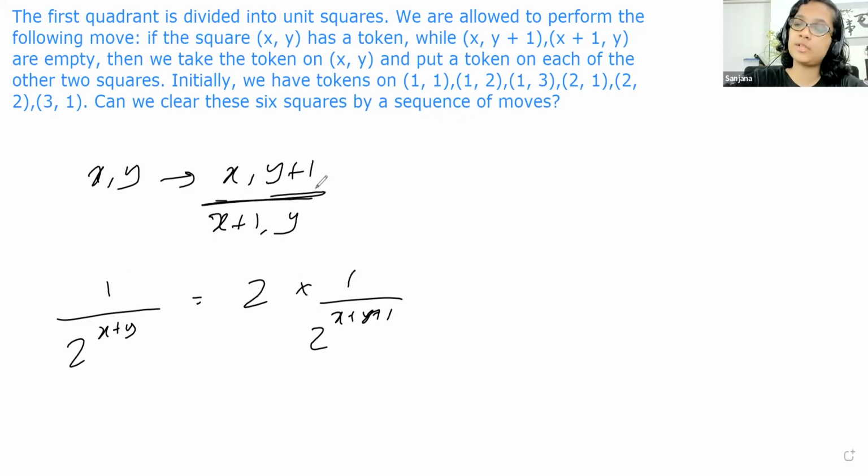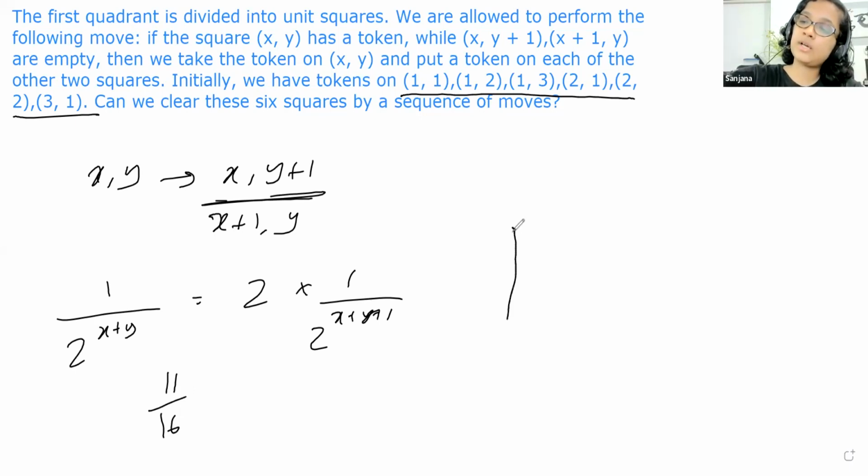So you just take the sum of the coordinates and you do 1 divided by 2 to the power of that. What you have to do for the bounding is first figure out what you have initially, which is an invariant. So you get that as 11 by 16.